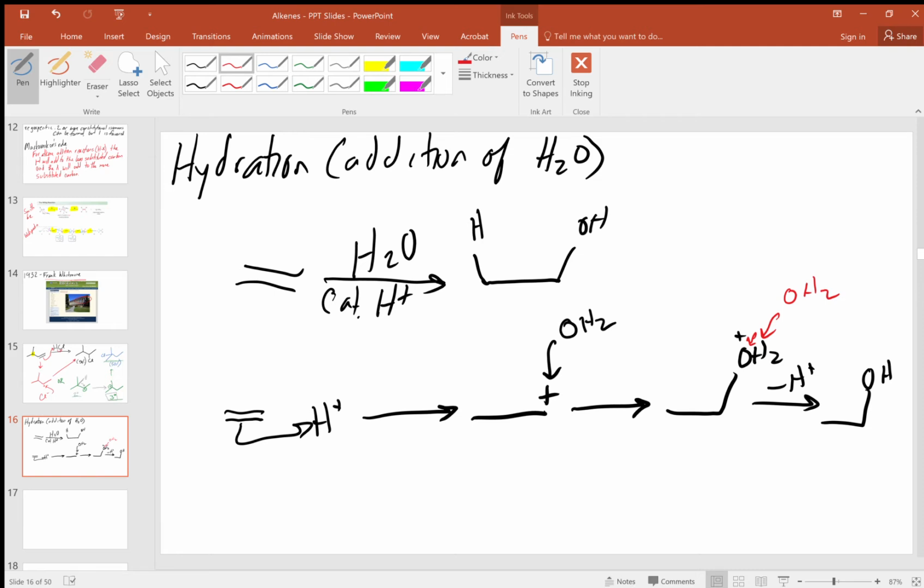But the first thing we want to note that's important, and as you notice, the acid here we say very specifically is catalytic. Now, hopefully you remember the definition of a catalyst from general chemistry, that a catalyst is a species or a reagent that speeds up a reaction but is not consumed by the reaction.